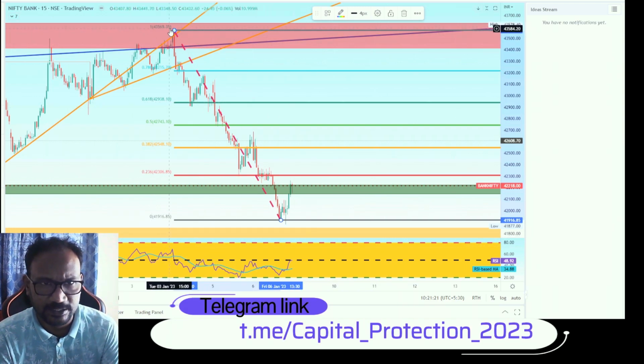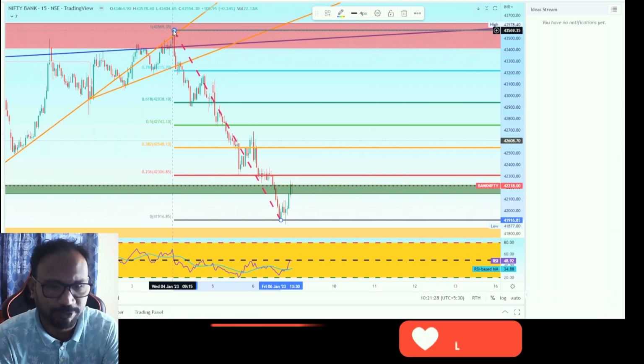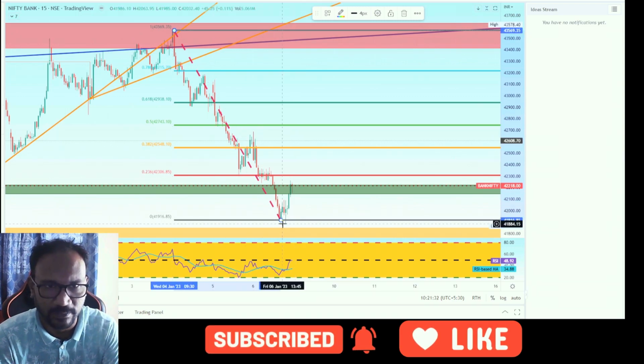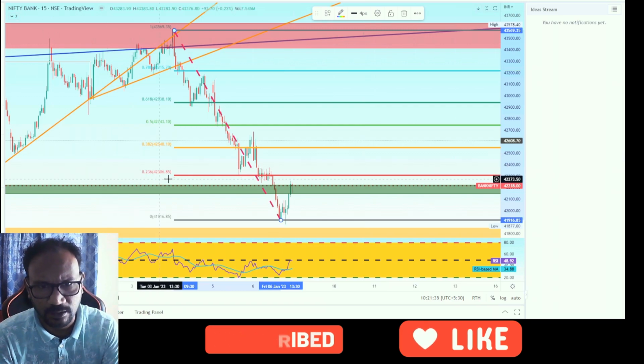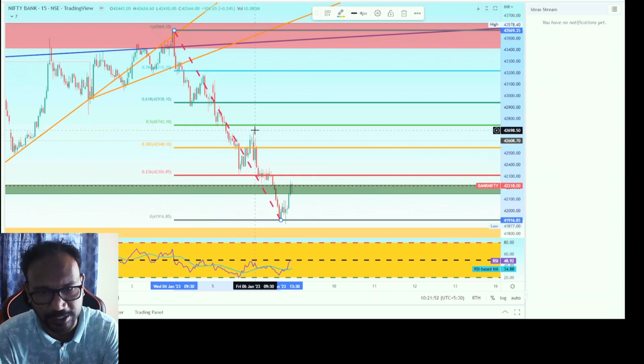Right now the market has fallen from the peak that was made on Jan 4th, and this is the close yesterday, right? So why this point, and how do I know that I should draw from here? You should see the last recent swing high. This was the peak from where the fall started, and then it fell down, there was a small retracement, and then it fell down again, there was a small retracement, and again it fell down.